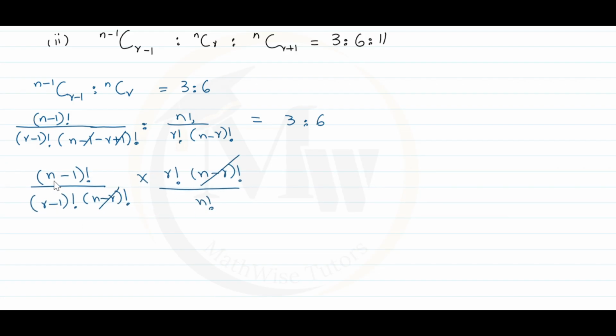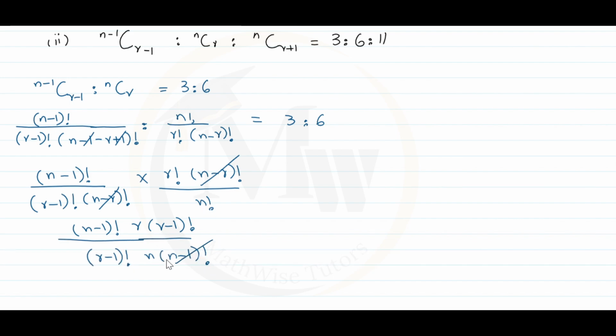To cancel (n-1) factorial, we expand n factorial. And to cancel (r-1) factorial, we will expand r factorial. So it becomes r times (r-1) factorial, and n times (n-1) factorial. And same terms cancel out.